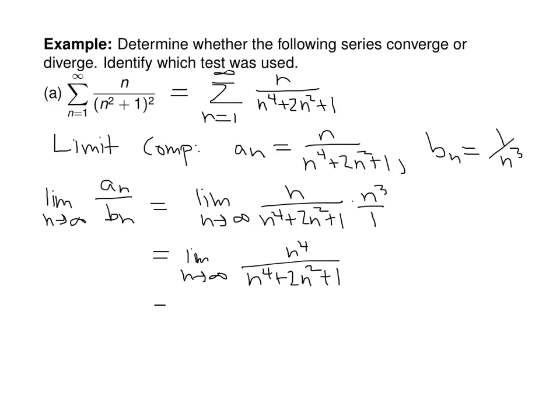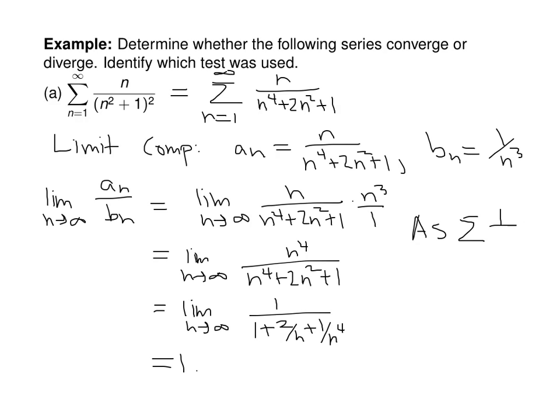Dividing the numerator and denominator by n to the 4th gives us the limit as n goes to infinity of 1 over 1 plus 2 over n plus 1 over n to the 4th, which will equal 1. And as the sum of 1 over n cubed converges, the sum from n equals 1 to infinity of n over n squared plus 1 squared also converges.